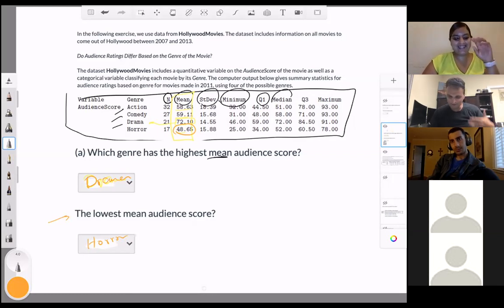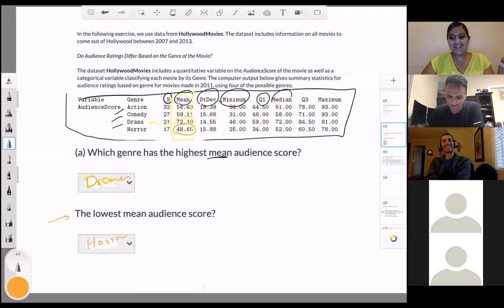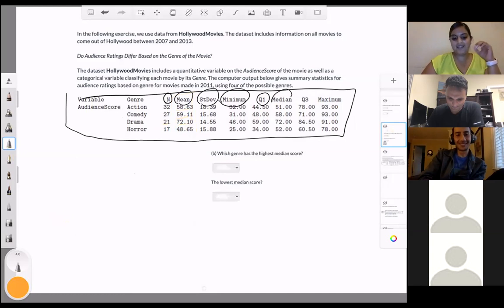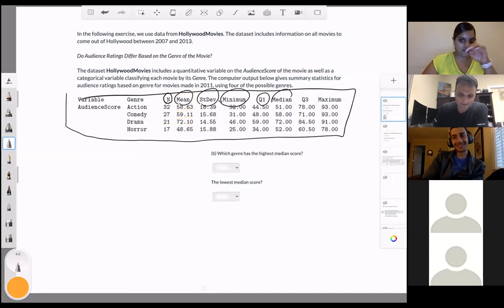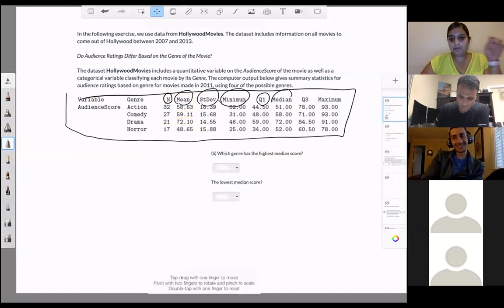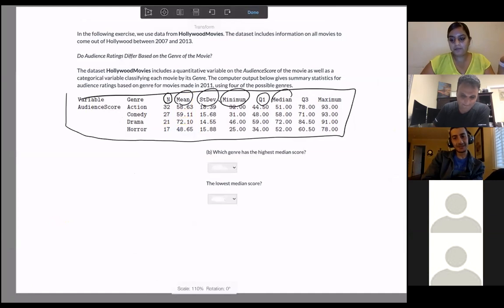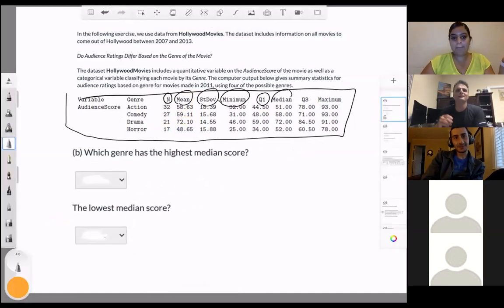Good job, Musa. That's what I'm talking about. But believe me, that's what's happening outside in the real world. People give us data, and we talk about the statistics part, the 5 numbers, and people make decisions.